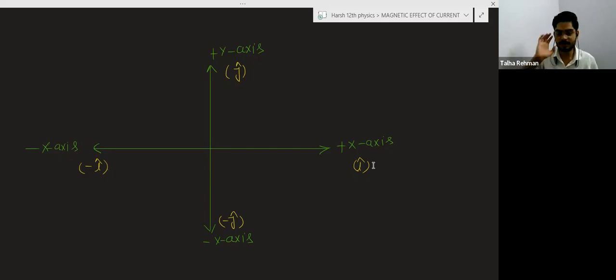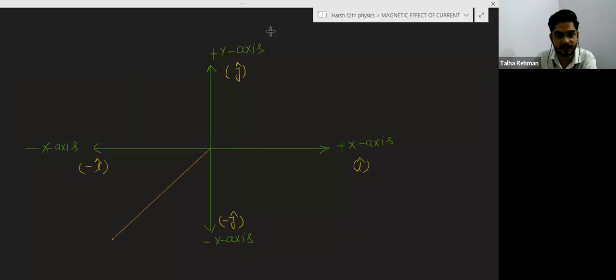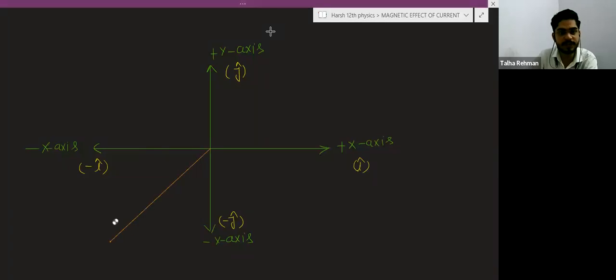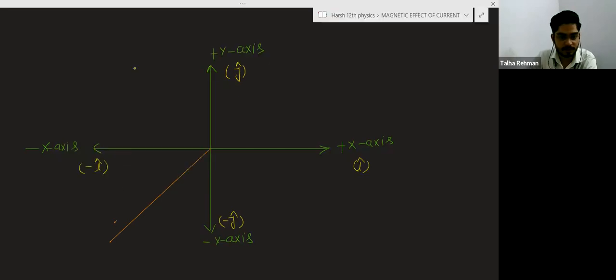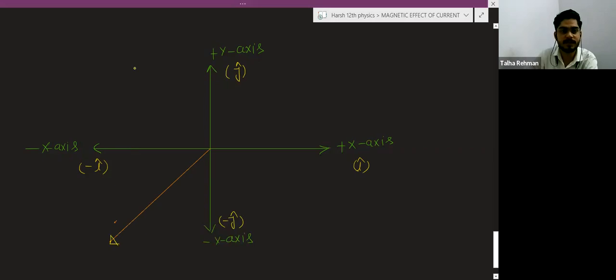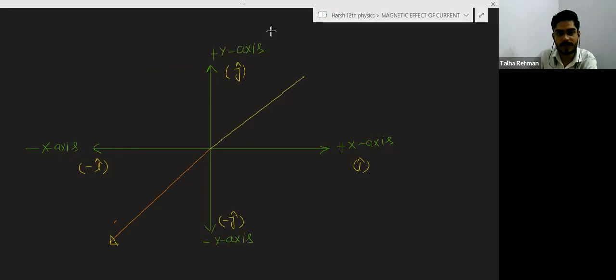And there is one more axis, the z-axis. I want to explain what that z-axis is. For the z-axis you should imagine things in 3 dimensions. This is the positive z-axis, and this is the negative z-axis.